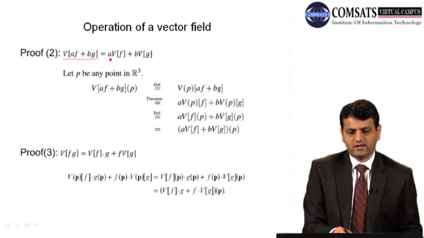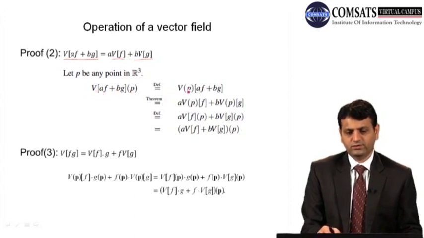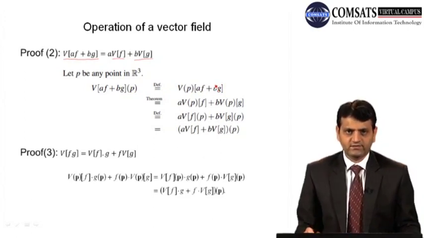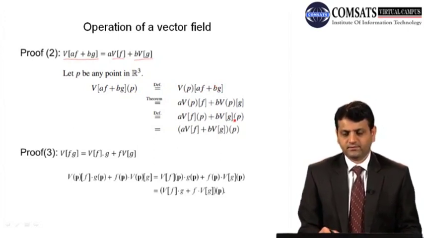We want to prove that it's the same as a multiplied by the operation of the vector field V on f plus b multiplied by the operation of the vector field V on g. So let P be any point in R3, a point of the domain, and the operation of the vector field V on af plus bg at P is equal to V of P applied to af plus bg, and this is just by definition of the operation of the vector field on a function.